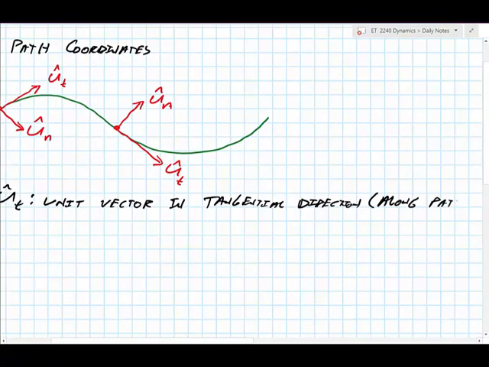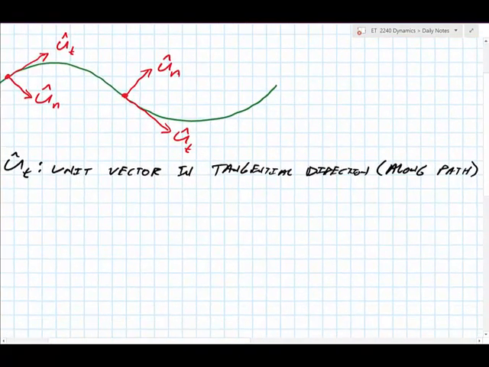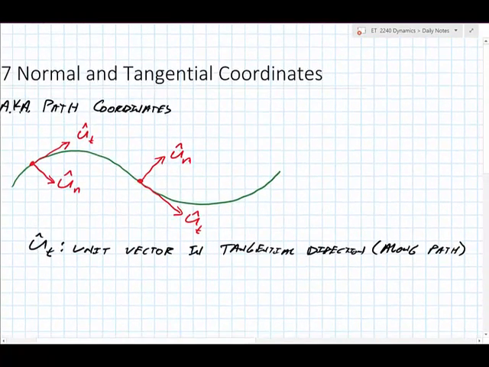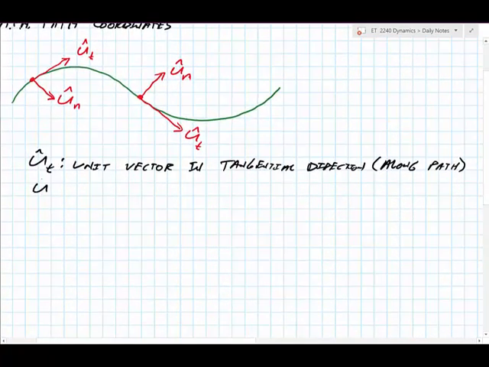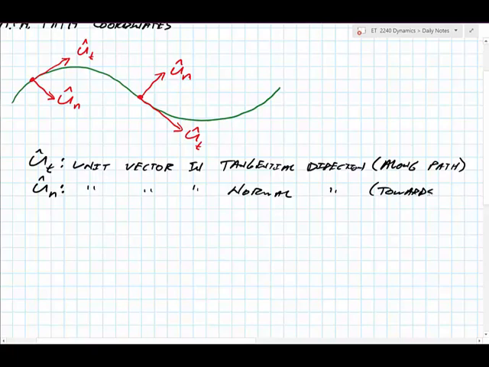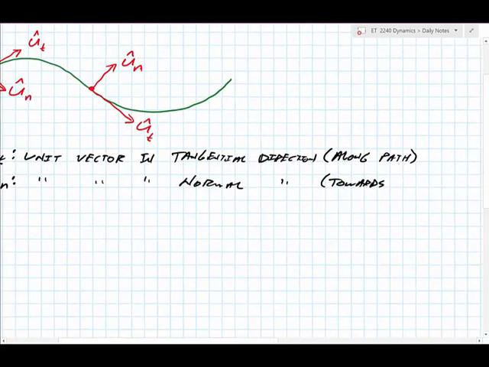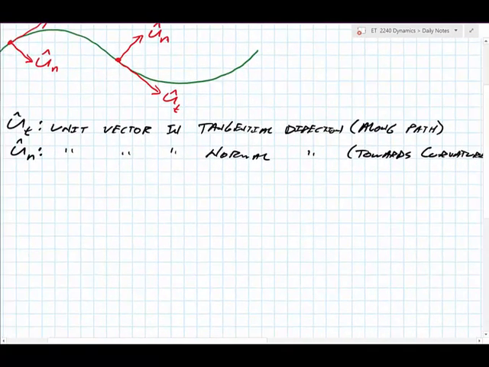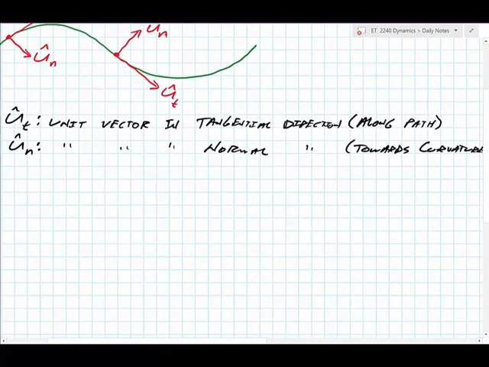That's why it is constantly changing: as long as our path is changing, our tangential direction is changing. 90 degrees to that, we have our u sub n, the unit vector in the normal direction, which is going to be towards the curvature. So usually towards the center of the circle, if it's a circle, 90 degrees away from the direction we're traveling along the path.